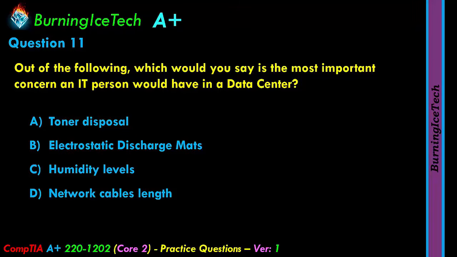Answer D, network cable length. No, in data centers and server rooms, cable length is not too big of a concern because most stuff is relatively close to one another. And you'll find these days it's actually a lot more common for people to use what we call fiber cables in a data center instead of normal old LAN cables. Yes, your normal LAN cables, Cat5, Cat5e, Cat6, Cat6a, and so on, have a limit.